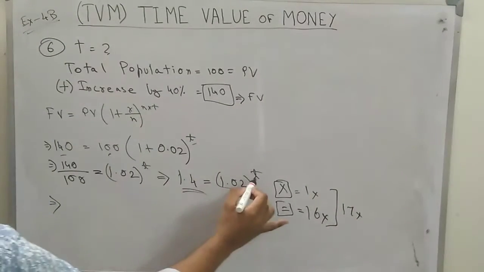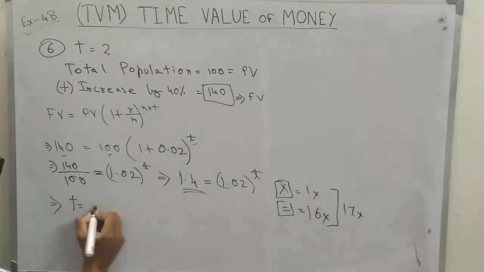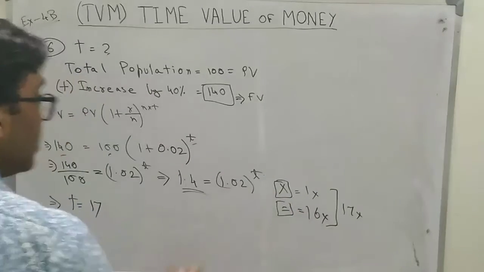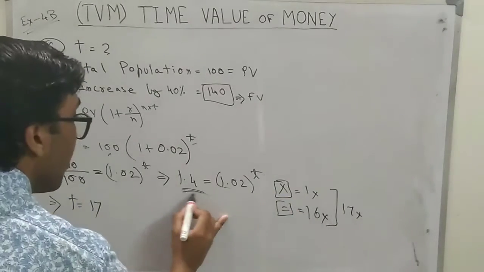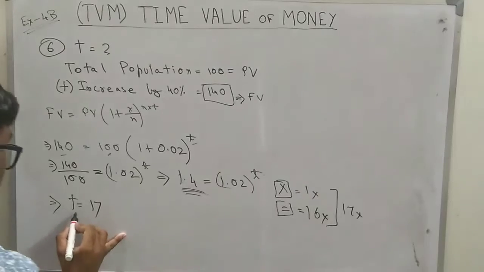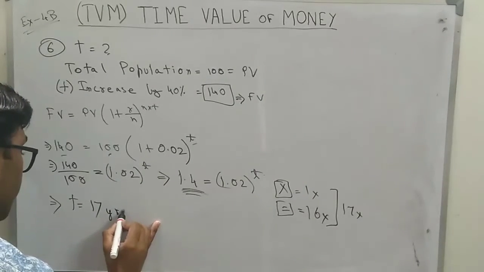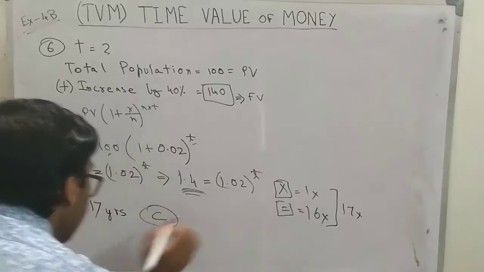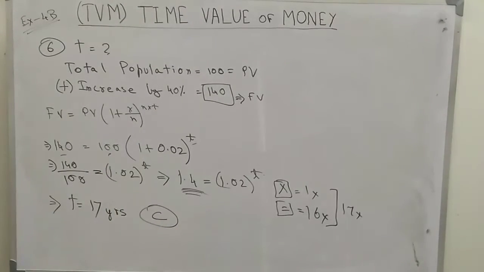So the value of t is also 17, because only then 1.02 to the power 17 comes to 1.4, approximately 1.40024. Then the value of t is 17 years. That means option number C is the correct option.